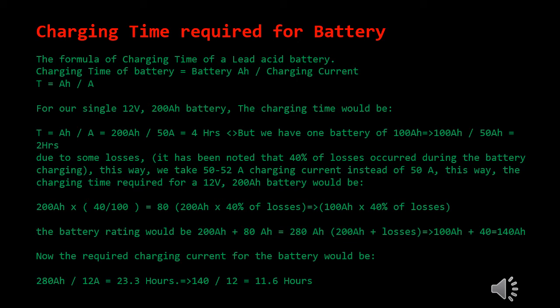So it will be 200 amps per hour plus 80 is equal to 280 amps per hour. Mind you, there's another battery of 100 amps. If you calculate it with the 40% loss that will occur during charging, it will give us 40 amps per hour for that half battery. Now the charging current for the batteries will be 280 amps per hour divided by 12 amps per hour. It will give us 23.3 hours, which is almost a full day.